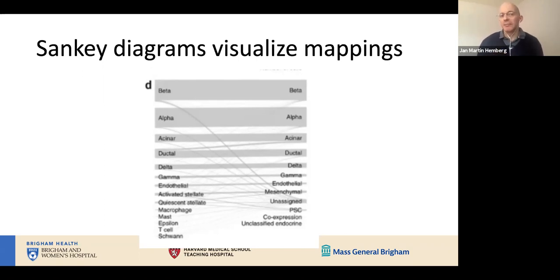What this really means is that the cells given to it in your query data set do not match anything that was present in the reference. So this is essentially a way for the algorithm to say, this is something that I've never seen before, and this could be the way that you discover new cell types that were present in your new sample, but not in your reference.